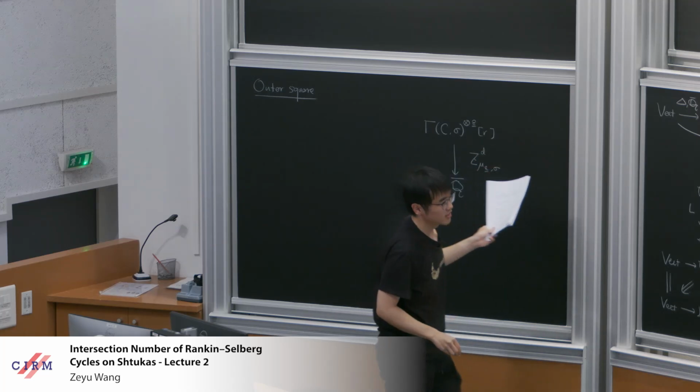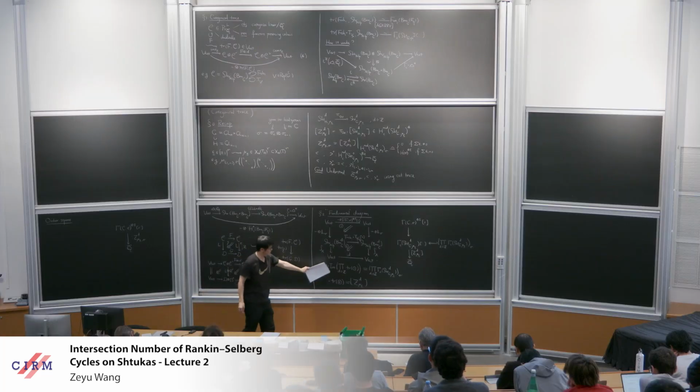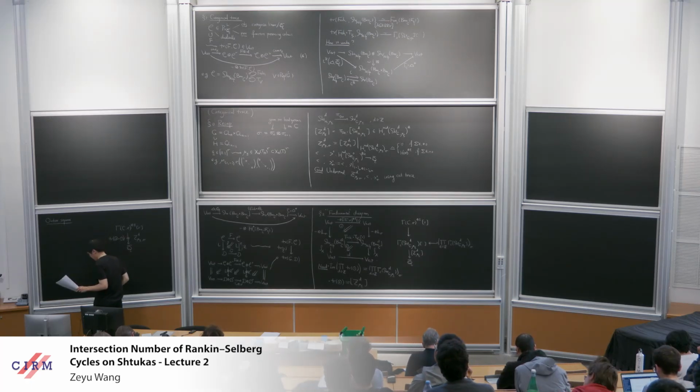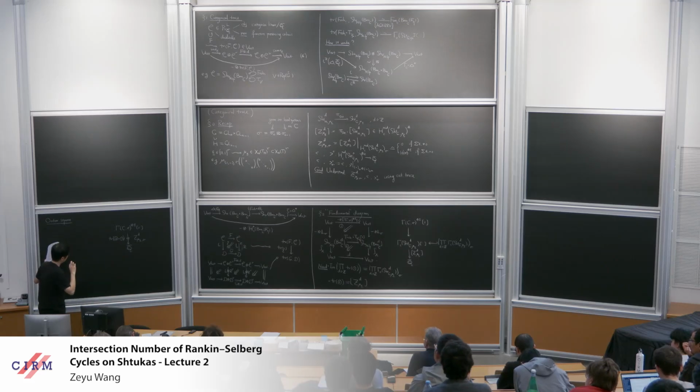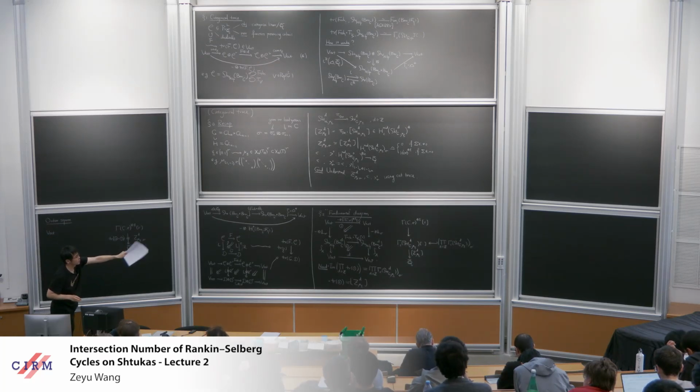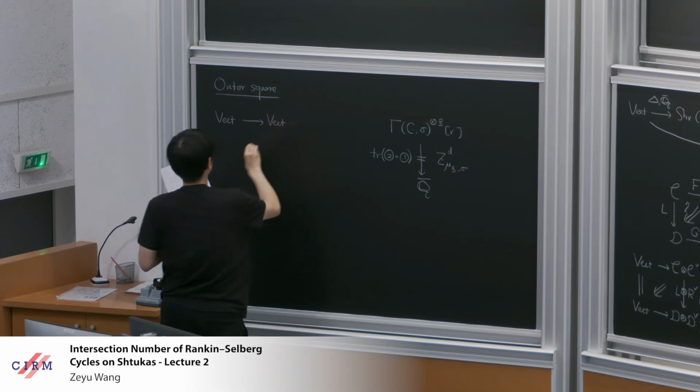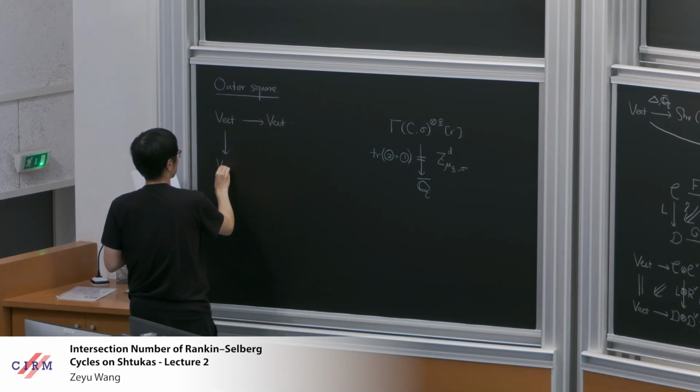Given these two conditions, you will see that this is the same as the trace of the natural transformation 2 composed with 1. So if you want to understand this, you just need to understand the composition of the two natural transformations there. So you only need to understand a diagram like this.